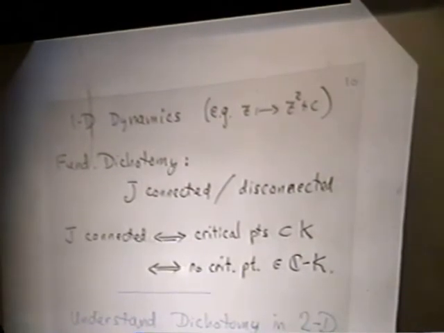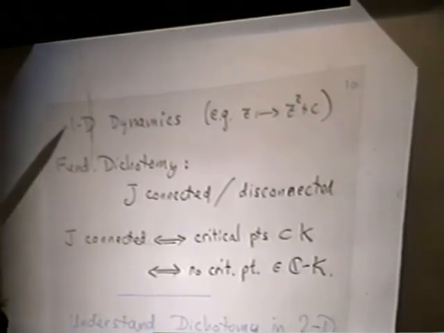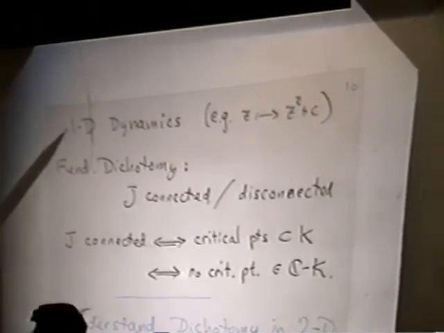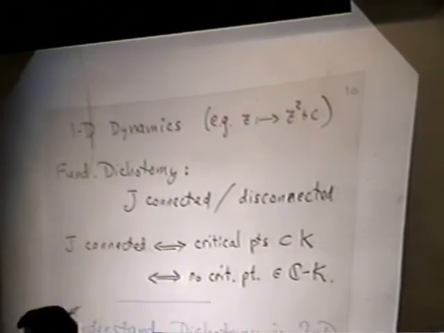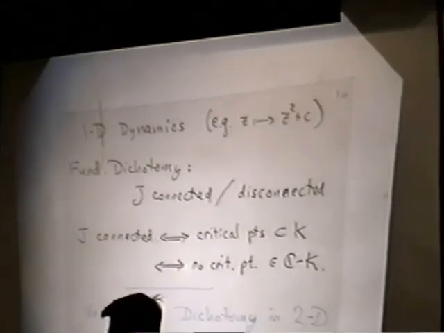So just to recall, when you're looking at one-dimensional dynamics, there is this dichotomy into the mappings that have connected Julia sets and disconnected Julia sets.